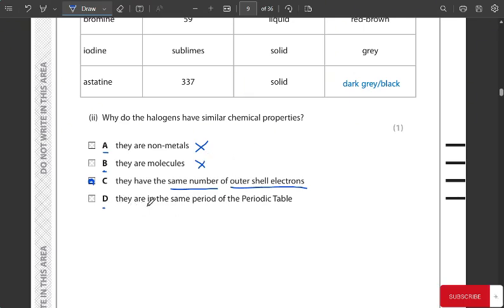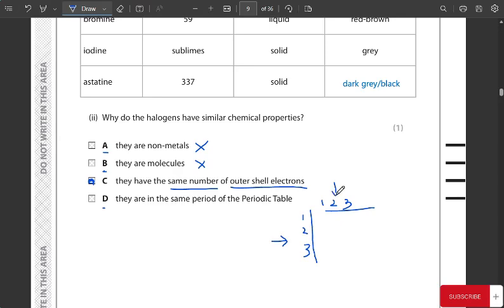And D is they are in the same period of the periodic table. We know that this part, like 1, 2, 3, are periods, and this one, 1, 2, 3, is group.